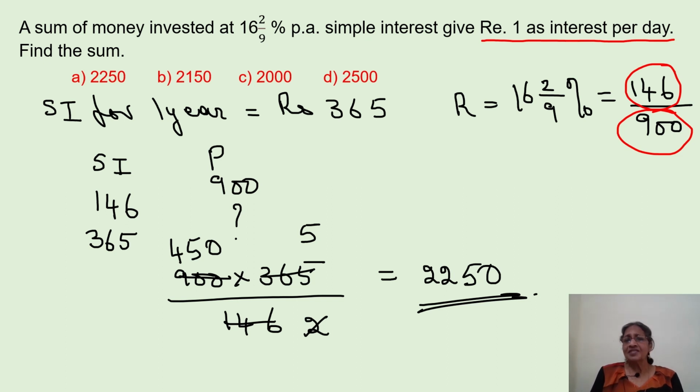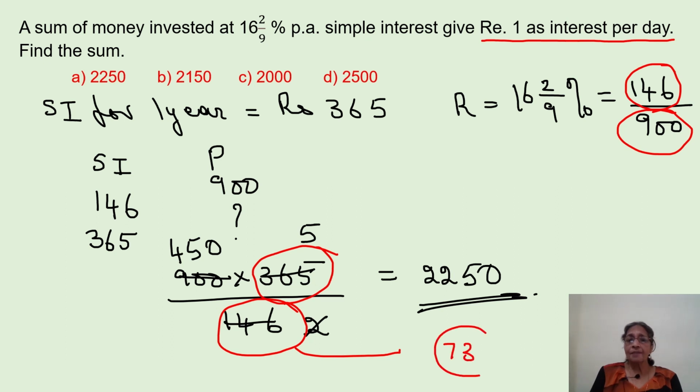Okay. This was a little bit of a different sum because we have got per day again 16 2/9 as a fraction, and you'll see that these numbers are multiples of 73, which happens to be a prime number. So in your sums, if you see 365, 146, immediately you know that they can be cancelled with 73.